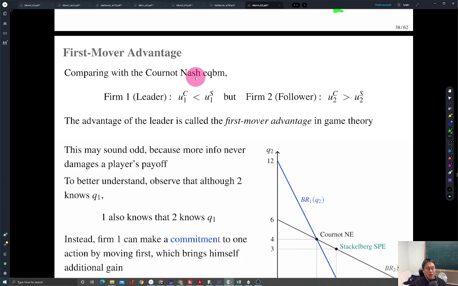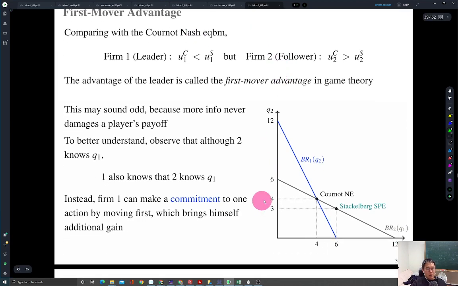In the same situation, with the same market demand function without production cost, Cournot-Nash equilibrium is going to be this one. So each firm produces 40 units. I think this is a simple exercise, so let me leave it as an exercise for you, verifying these 40 units is the unique Nash equilibrium in Cournot duopoly.